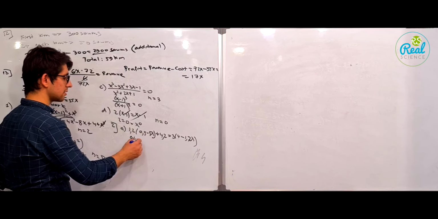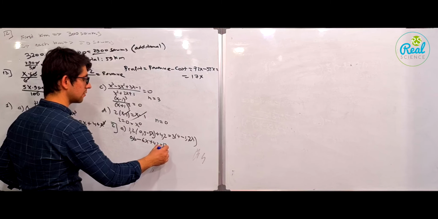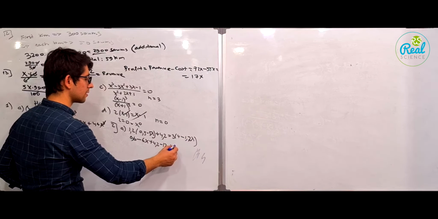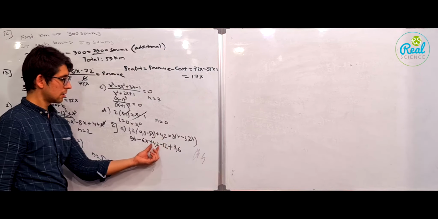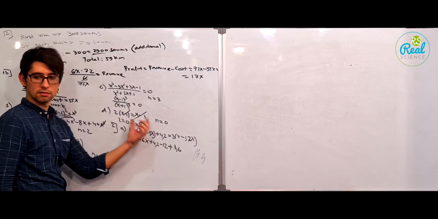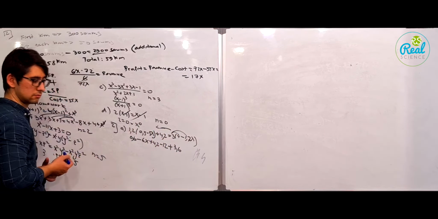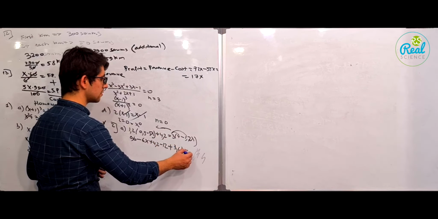It's 0.6 minus 6x plus 4.2 minus 12 plus, so we are changing the signs, right? 3.6. We are opening the bracket and bringing all of them to the left side. So this is plus 3.6x equals 0.